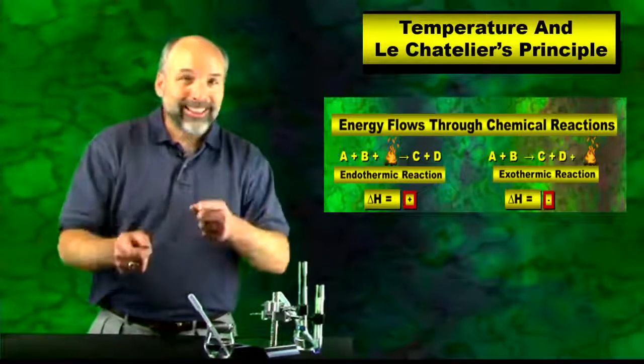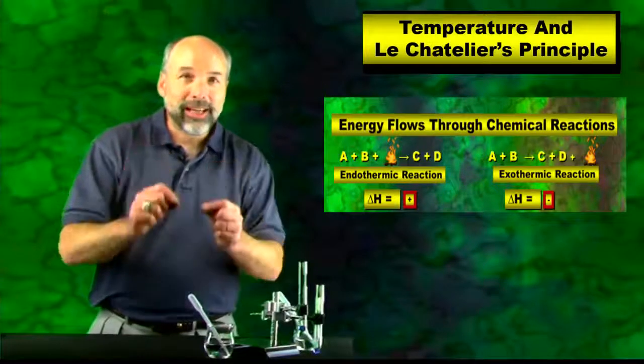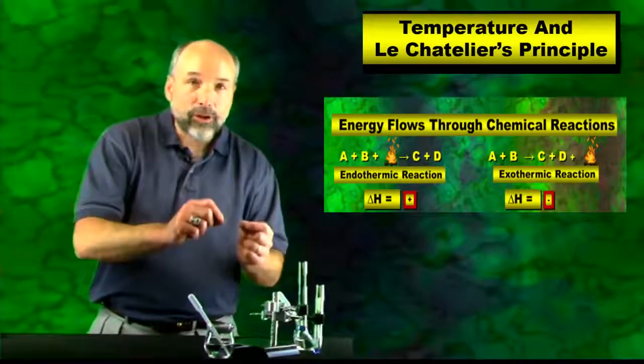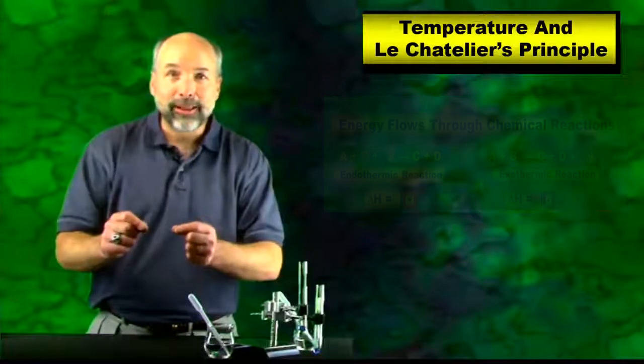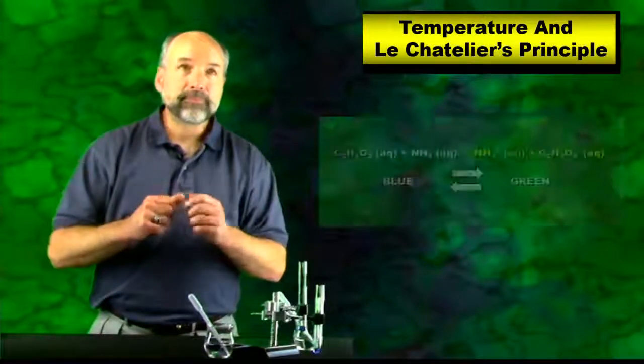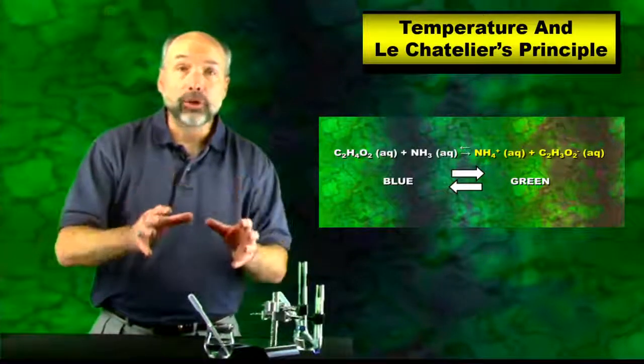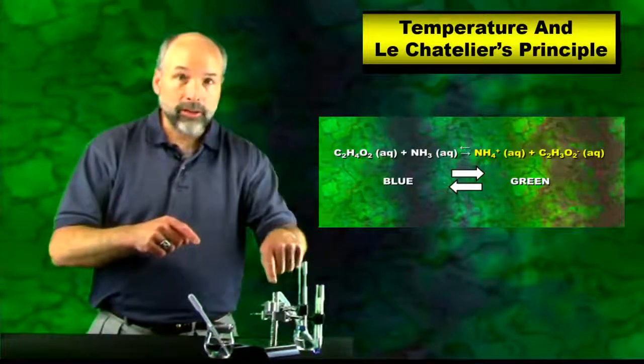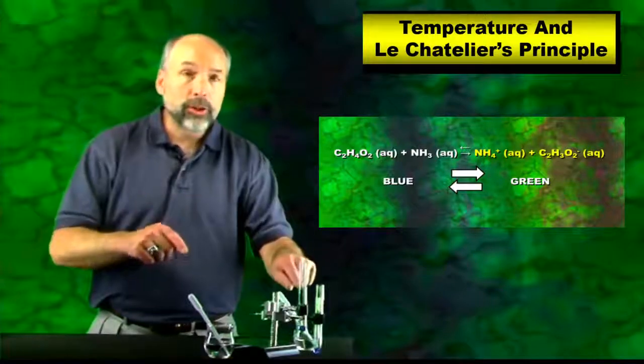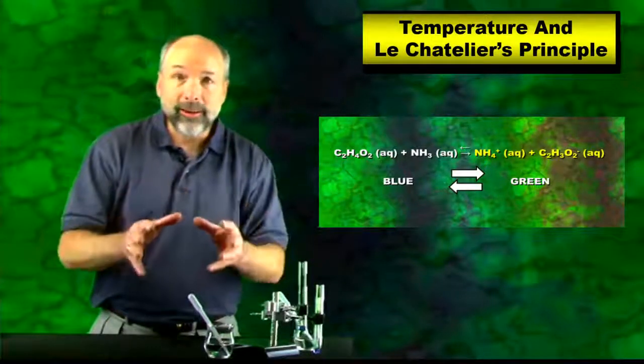So as we're looking at this chemical reaction, I want you to keep thinking to yourself, is it endothermic or is it exothermic? And I'll give you a little hint. If we're heavy on the reactant side, we're going to have a blue color. See, I haven't mentioned one other thing. We're going to be using purple cabbage juice. That's our indicator.